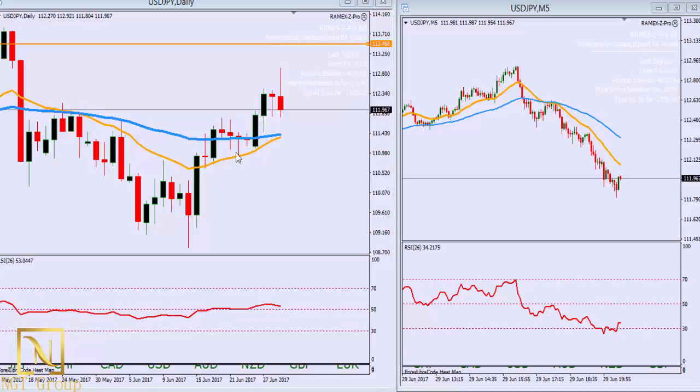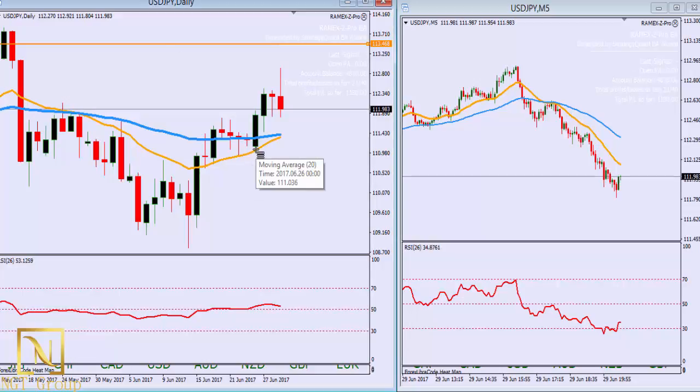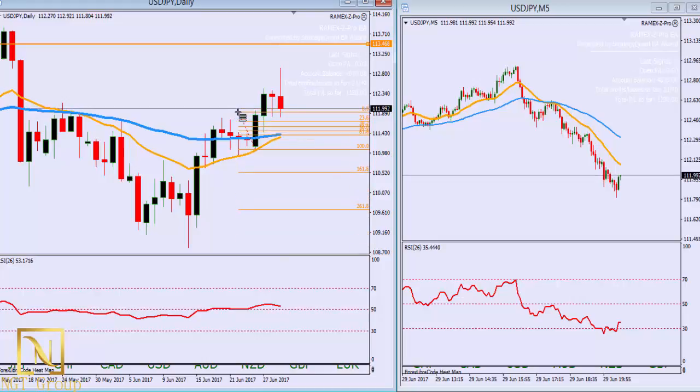So what we did here, if we use Fibonacci and just fib this bar here, because we want to see when it pulled back around the 50% region. And what we have here is the 50% right around here.